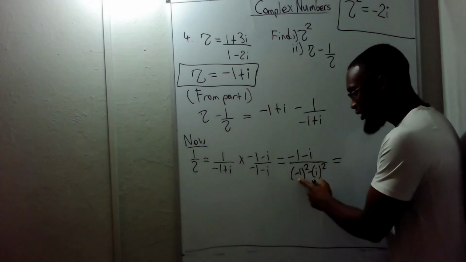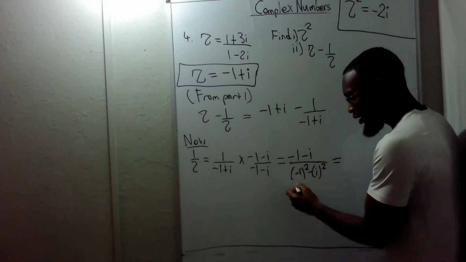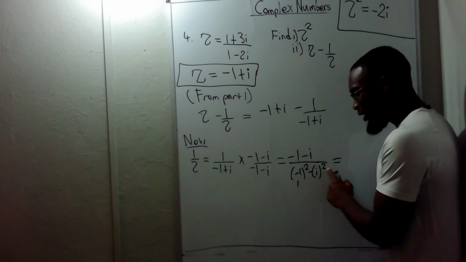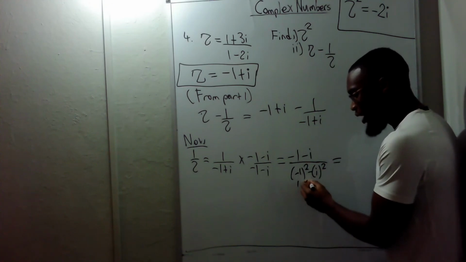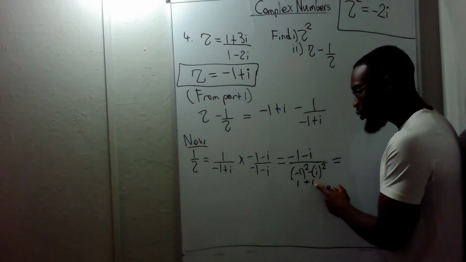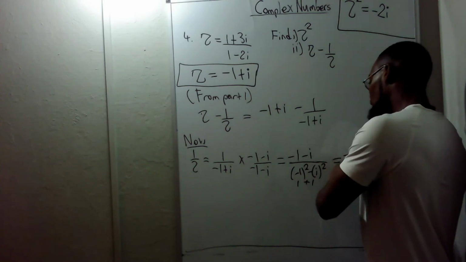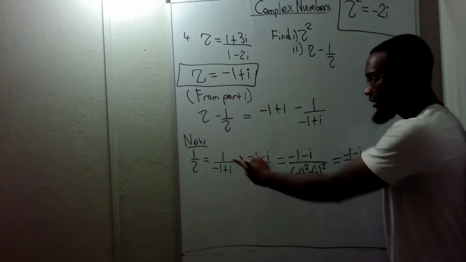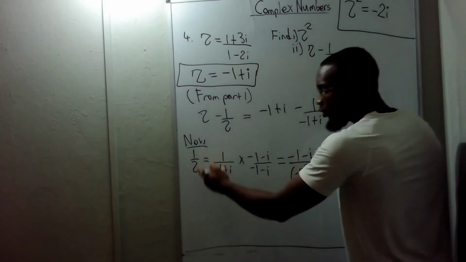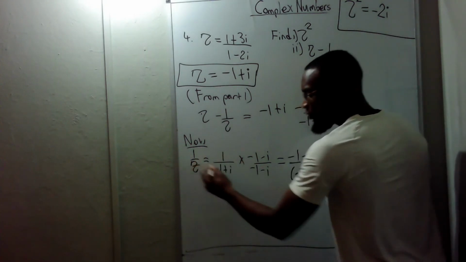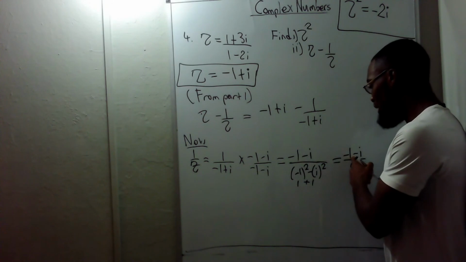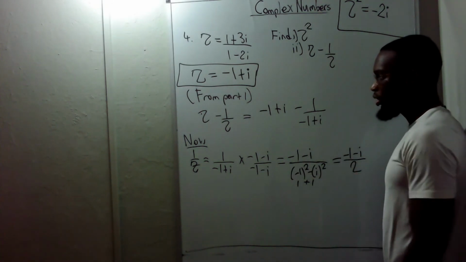Now minus 1 squared is 1, and i squared is negative 1, so this becomes 1 plus 1, which is 2. So this becomes minus 1 minus i over 2. So that's 1 over z: minus 1 minus i over 2.